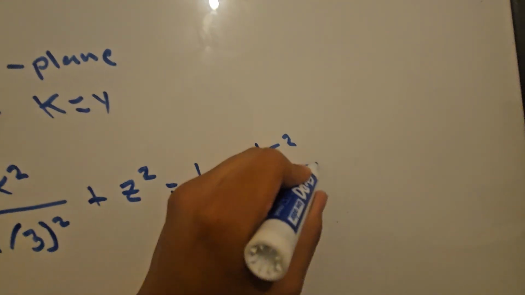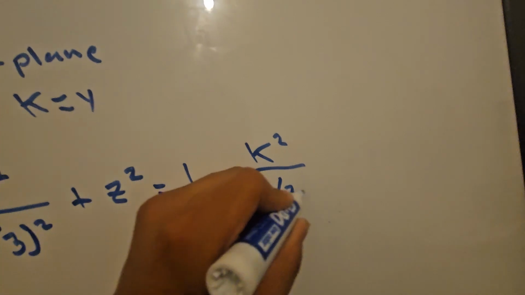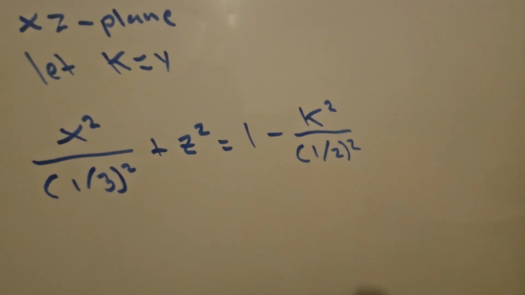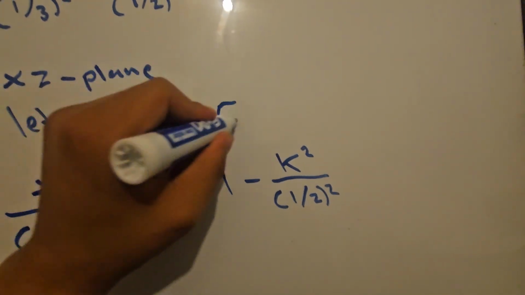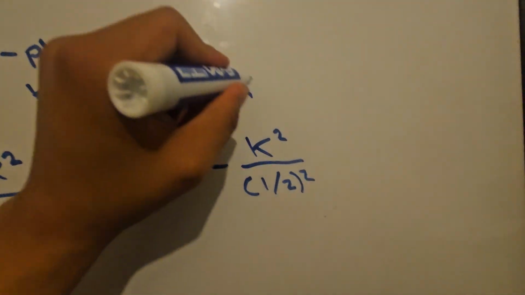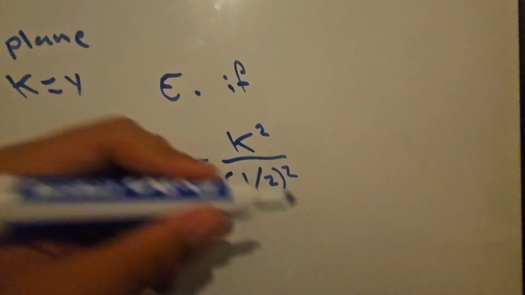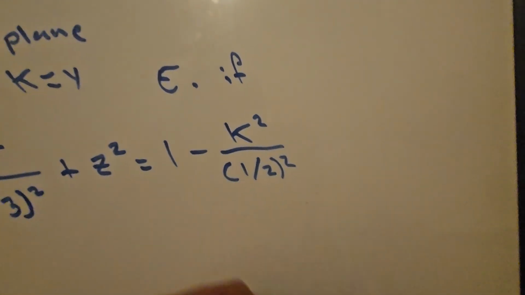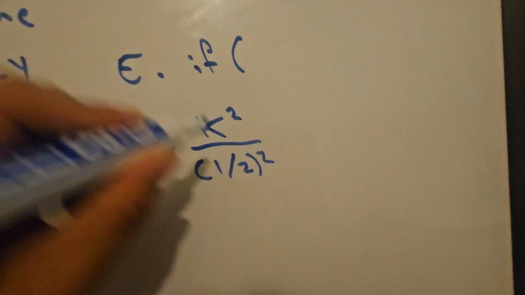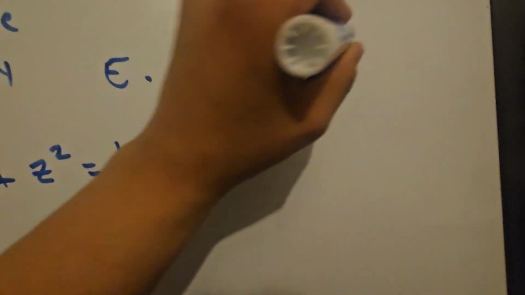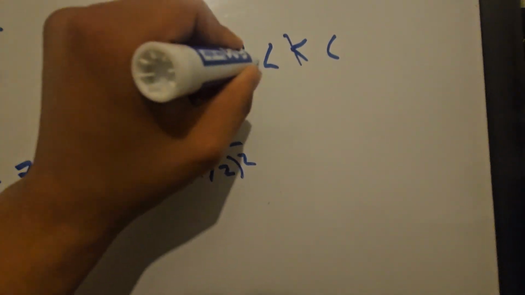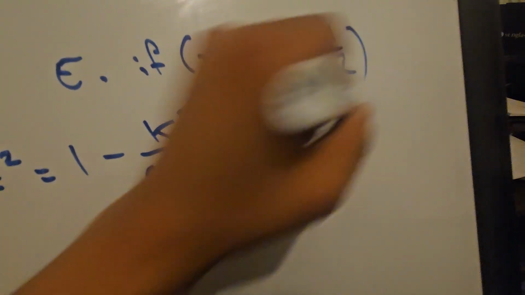K squared over 1/2 squared. Again, this is the ellipse formula. Remember, that's a constant. Ellipse if k is between negative 1/2 and 1/2.